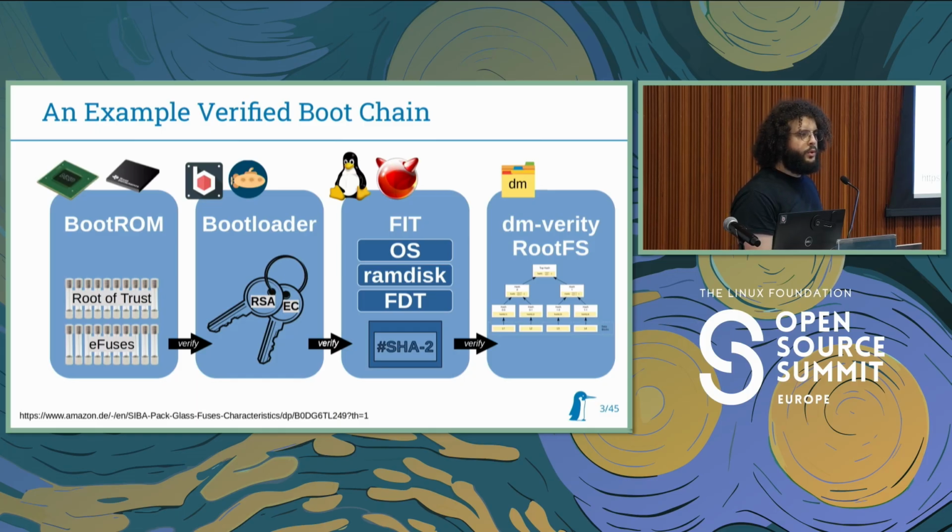This verified bootloader has a public key inside, which is used to verify some container image for the kernel. And this container image in turn will often have a hash or a root hash for the root file system, with which the kernel can verify that the root file system is really authenticated and really coming from whoever had the keys to sign this boot chain.